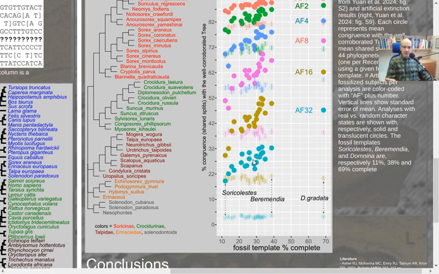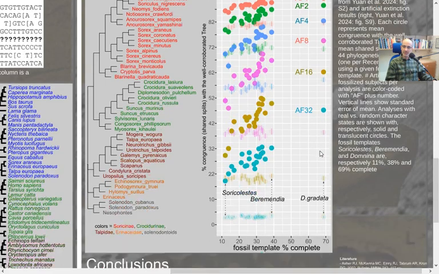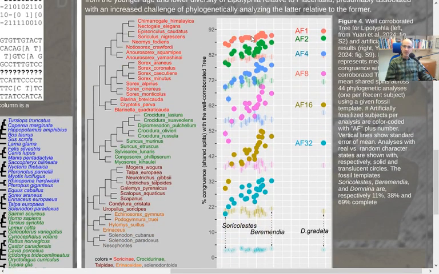So I hope I don't come across as bragging and say that there's anything intrinsic about the Yuan et al. data set that's better than O'Leary et al. It's certainly a lot smaller, right? So we had 217 characters compared to 3,660. But it is different in the sense that there is no asymptote, right? You keep getting more and more complete fossils, and you're reaching towards 100% congruence with a well-corroborated tree.